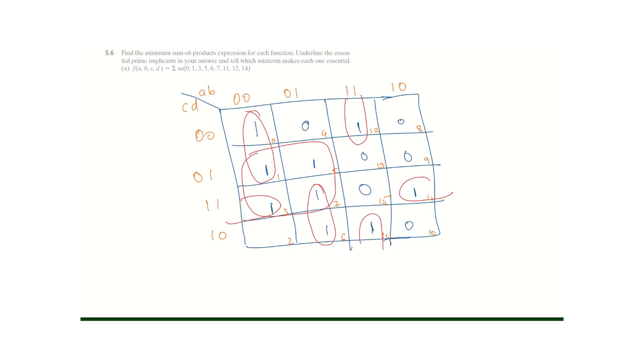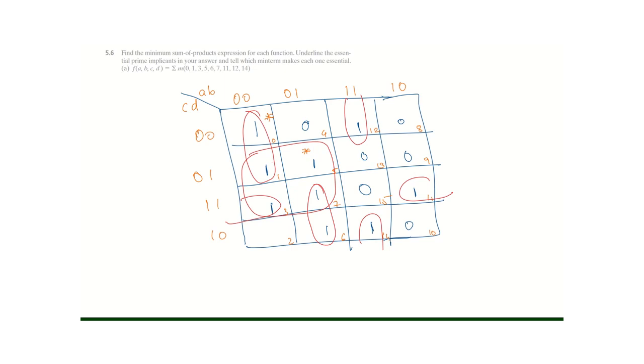So in this case, this is one essential prime implicant since this is included in only this box. This is one prime implicant since this is included in this box. This is not, because this is included in the bigger box and the smaller box.